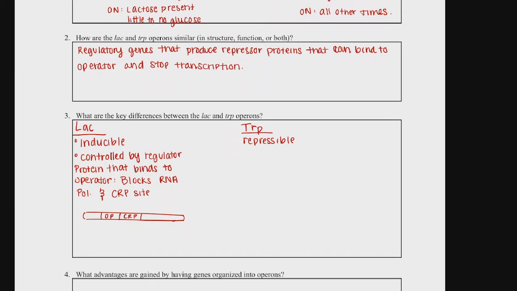And so when this repressor protein, which I'll call RP, binds to the operator and CRP, then the RNA polymerase here can't bind with the operator anymore, and that's what controls this protein.